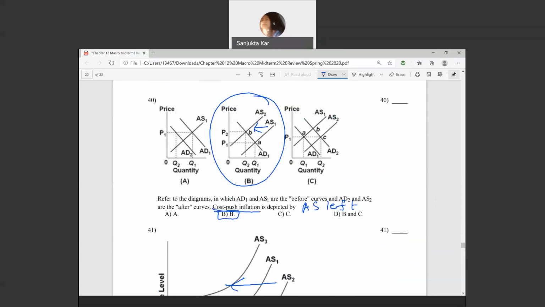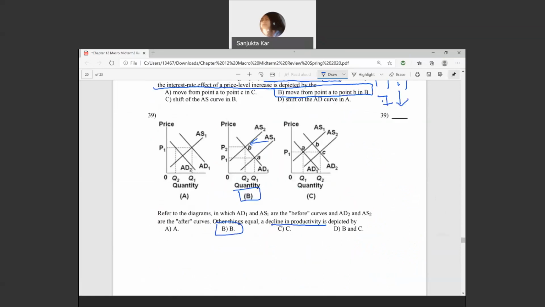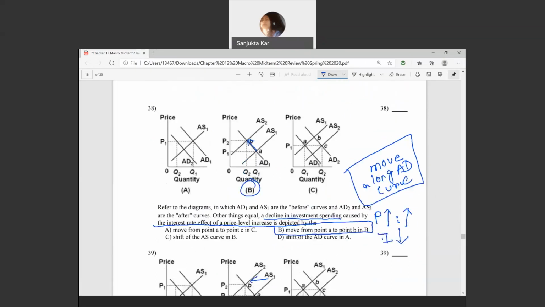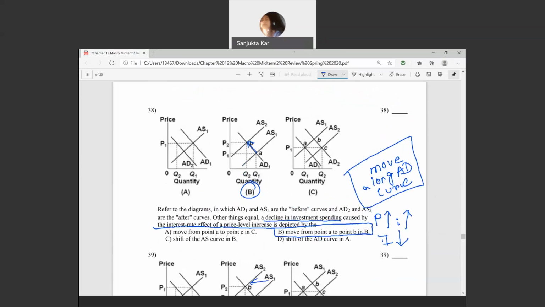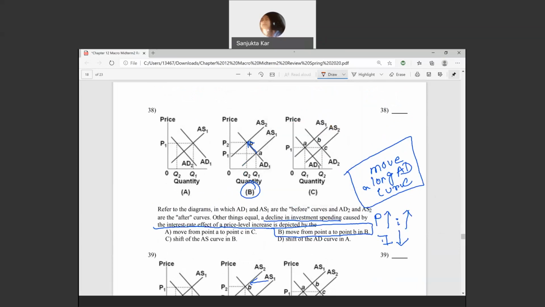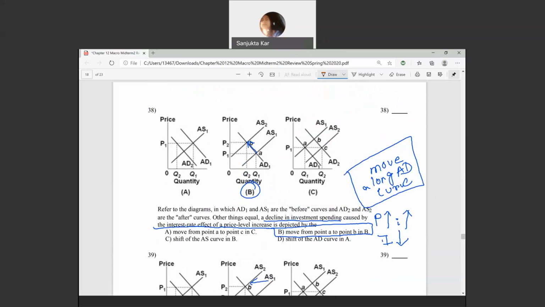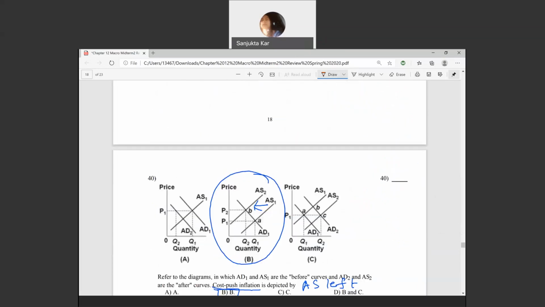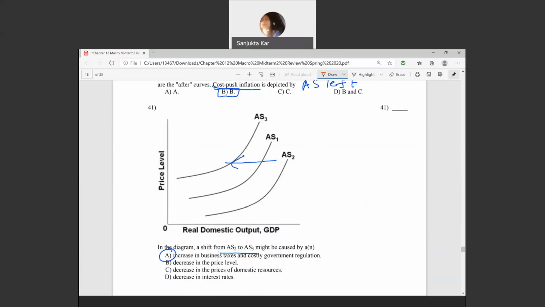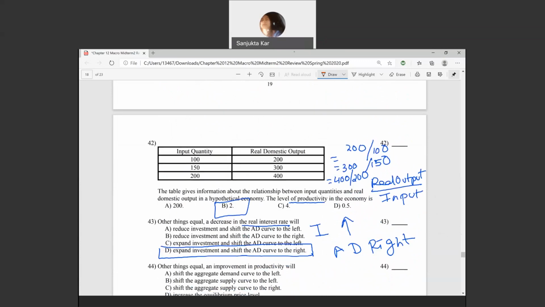That was question number, this one. No, it's not this one here. This is question number, if you look at question number 38 here, anything to do with price, we are basically moving along the curve. And when something else happens other than the price, we are definitely going to shift the entire curve.